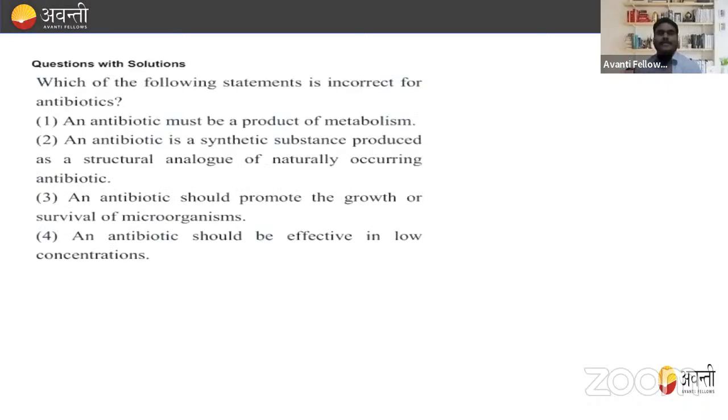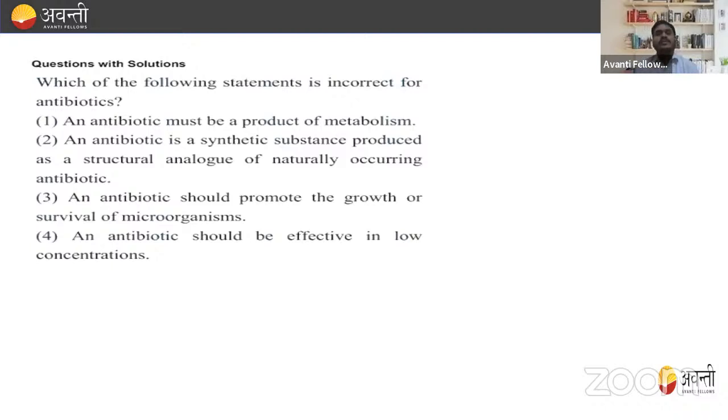Shall we proceed? The next question is, which of the following statements is incorrect for the antibiotics, right? So you have to identify the incorrect statement regarding antibiotic. The first one is, an antibiotic must be a product of metabolism. An antibiotic is a synthetic substance produced as a structural analog of a naturally occurring antibiotic.